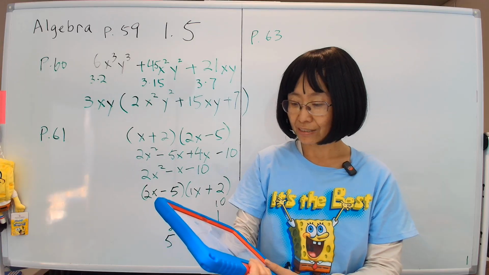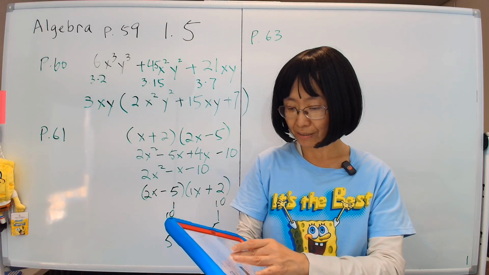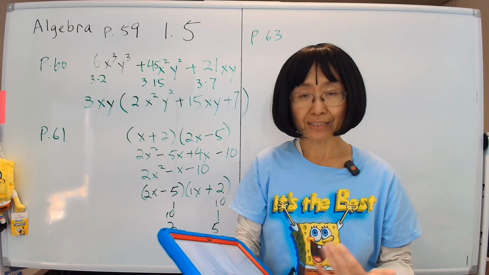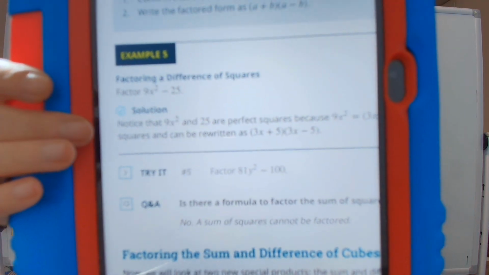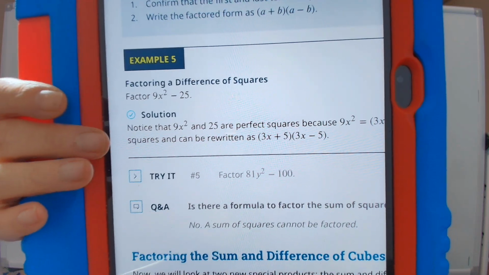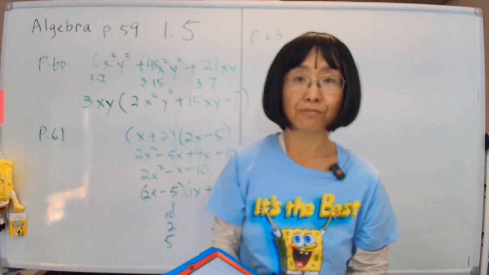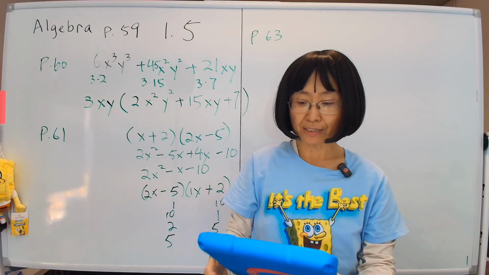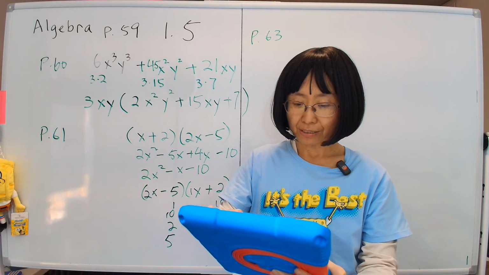So then you have the difference of squares. That's what this is called. When that happens, it will be equal to the plus and minus version. So the answer to factoring this is 3x plus 5 times 3x minus 5, being that 3x is the square root of 9x squared and 5 is the square root of 25. So you follow it exactly.